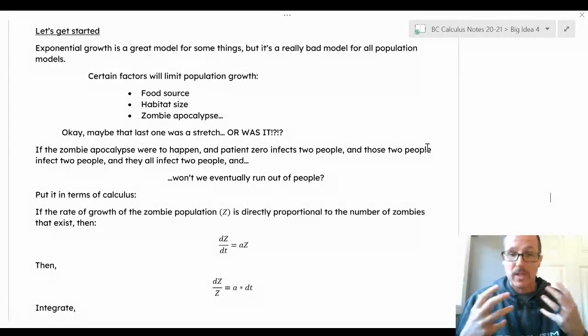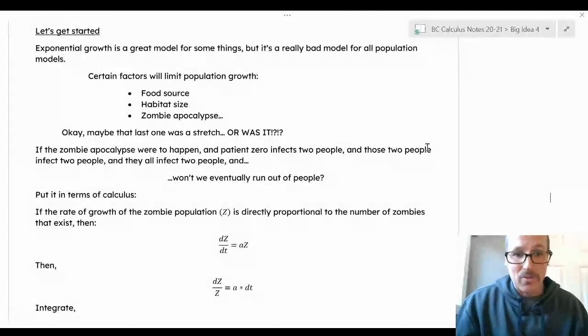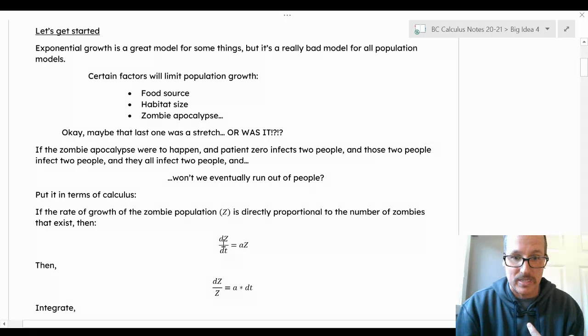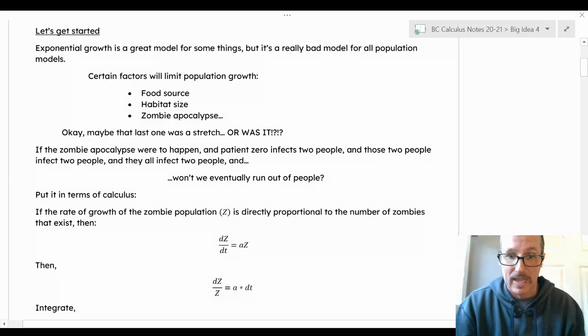All right, so if you think about it in terms of calculus, if we say that the rate of growth of zombies is directly proportional to the number of zombies that are there, right? So dz/dt is equal to a times z, with some constant of proportionality a.